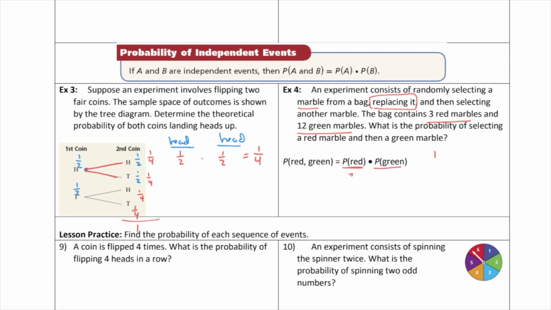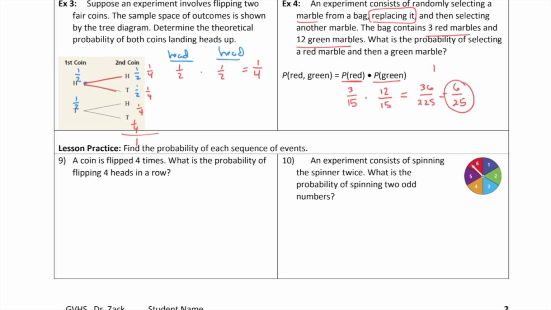Favorable outcome would be 3/15, marbles replaced, times 12/15. Multiplying 3 times 12 gives us 36. 15 times 15 is 225. Reduce your fraction, gives 6/25. So the probability of pulling a red and then a green is 6/25.